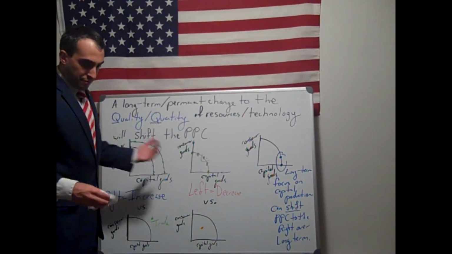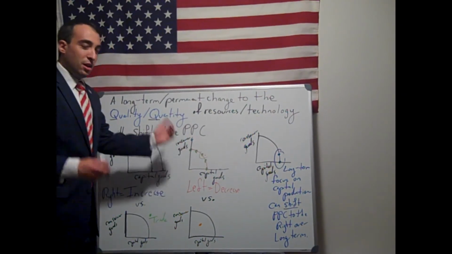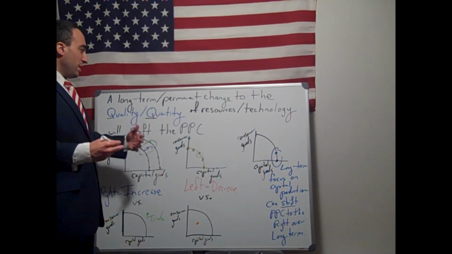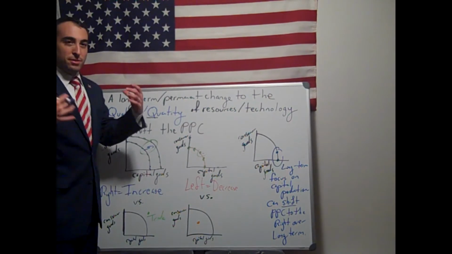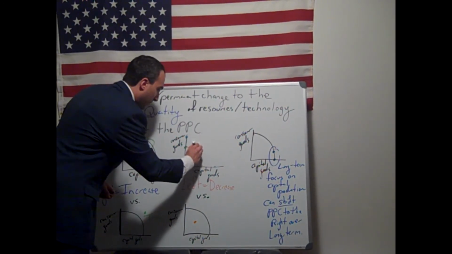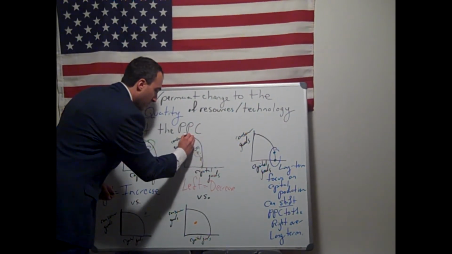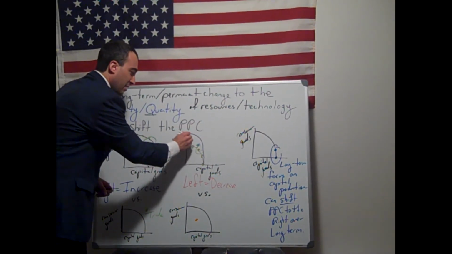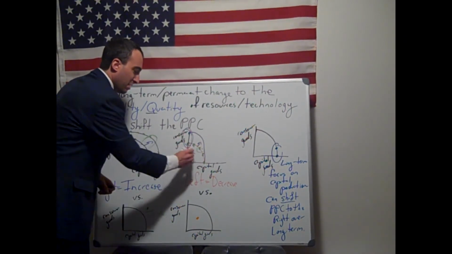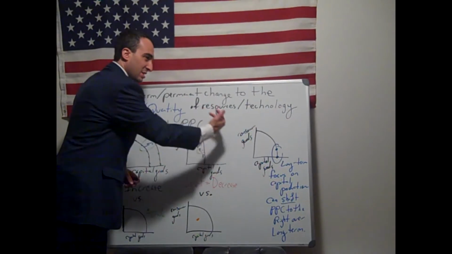Let's say we have a PPC and there's a long-term change only in the quality of the consumer industry. In that case, you would have the PPC shift rightward, but only in the consumer goods segment. Notice how the capital goods remain the same and the consumer goods increase.